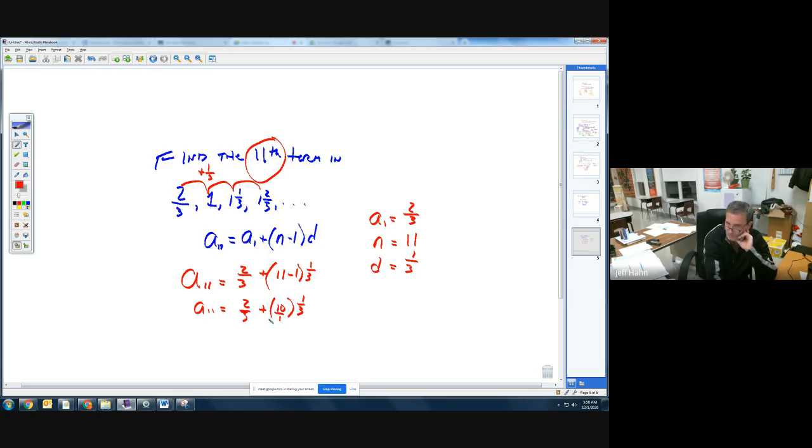And 10 times 1/3 is 10/3. I then have to add 10/3 plus 2/3. Oh, look how nicely that works out. It gives me 12/3, and 12/3 equals 4. So the 11th term equals 4.